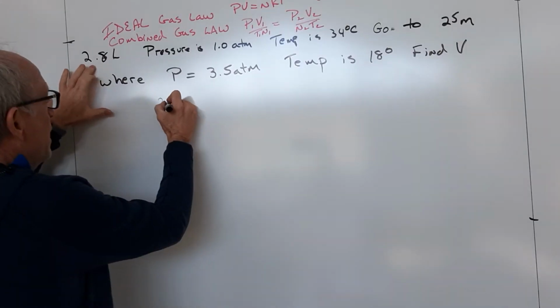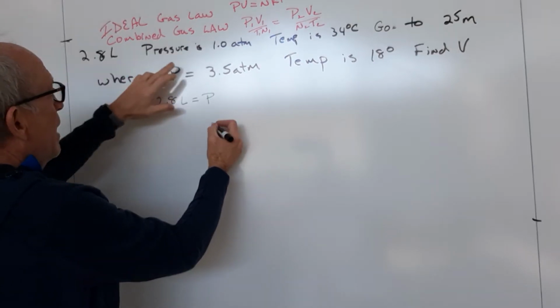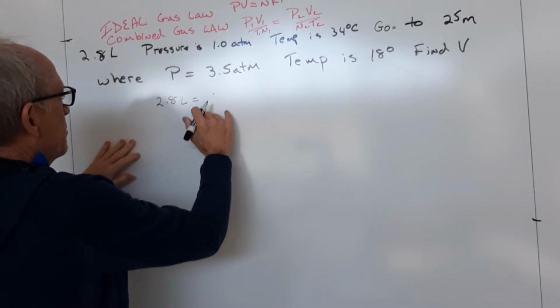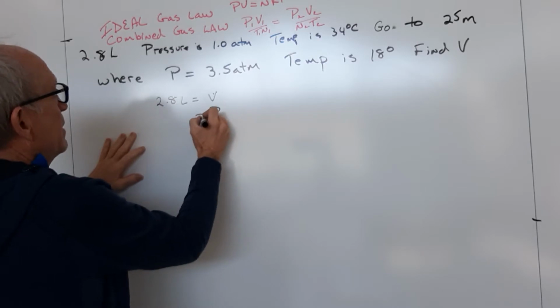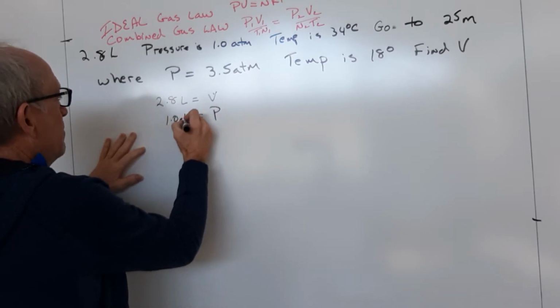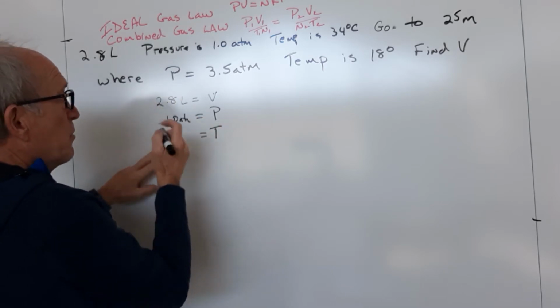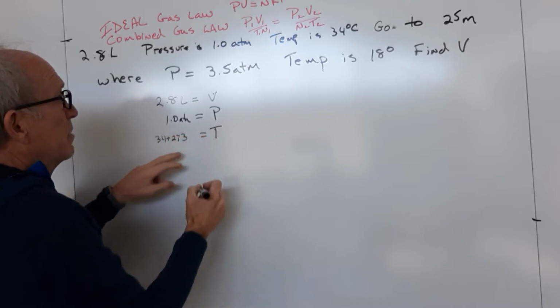I have 2.8 liters, which is my volume. My pressure is equal to 1.0 atm, and the temp is 34 plus 273.